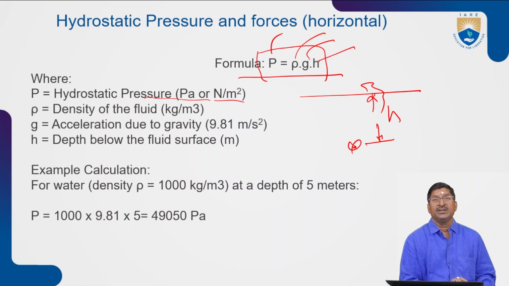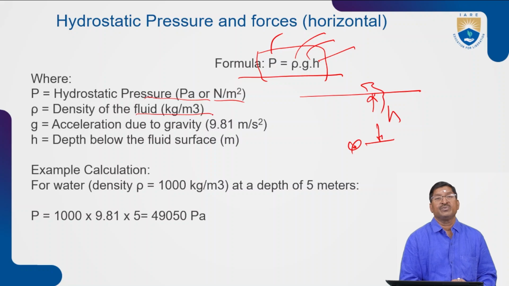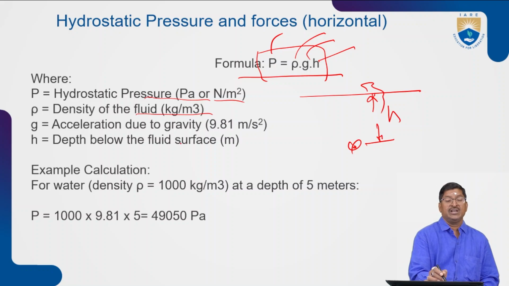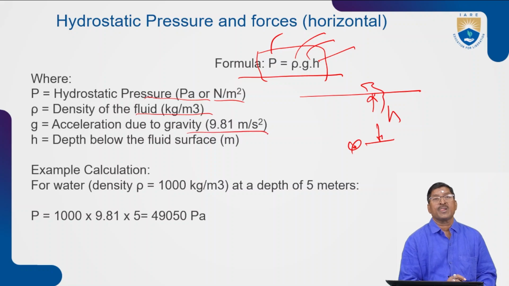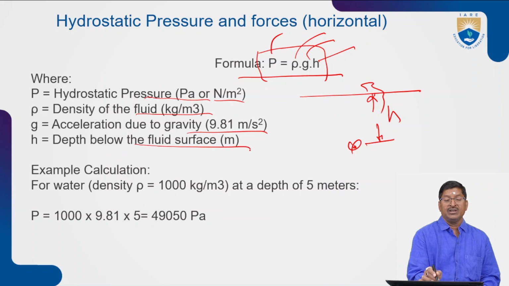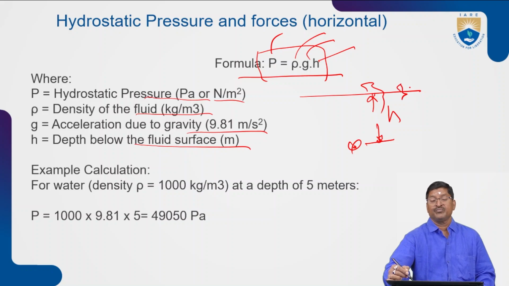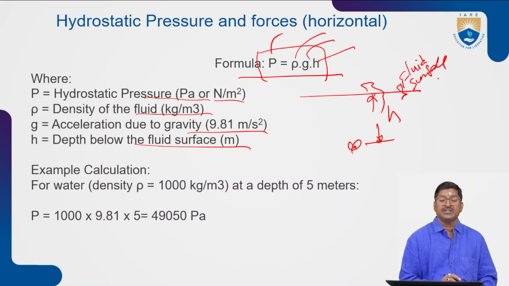Pascal is nothing but Newton per meter square. Rho is the density of the fluid in kg per meter cube, g is the acceleration due to gravity, 9.81 meter per second square, and h is the depth below the fluid surface, measured from this fluid surface to the point.